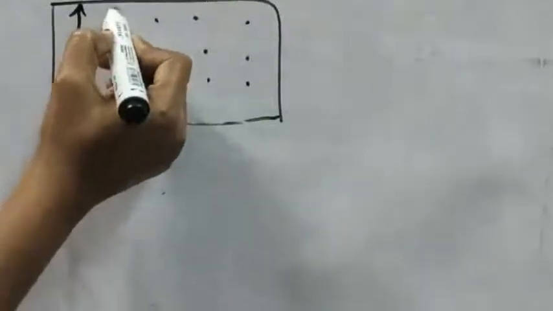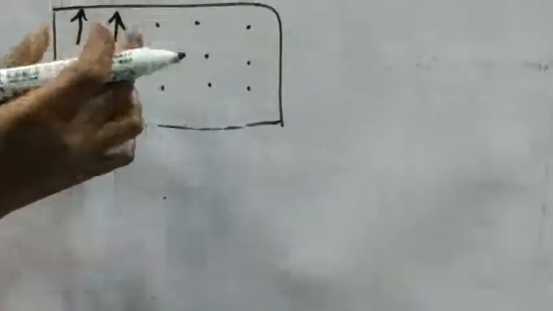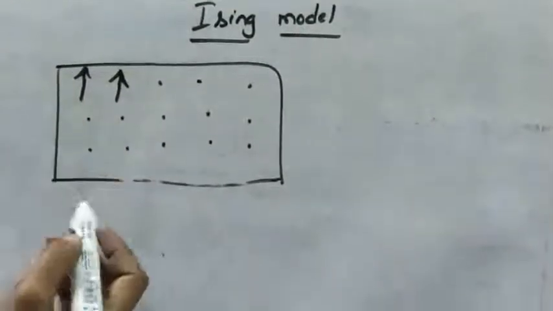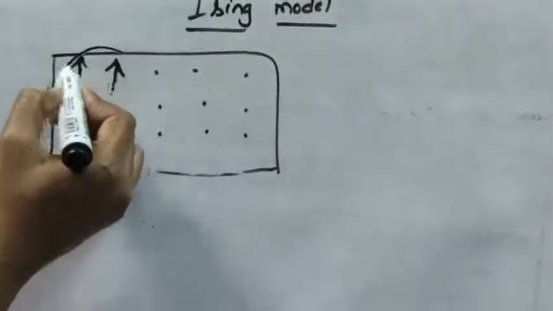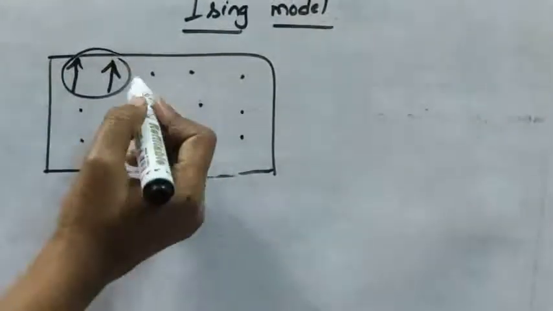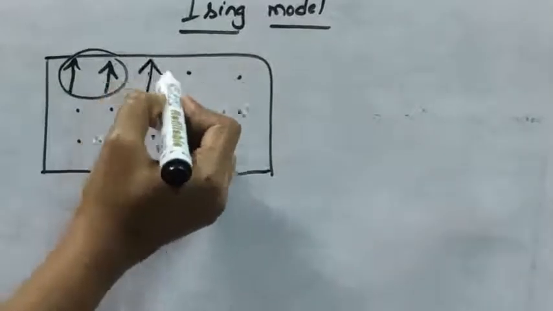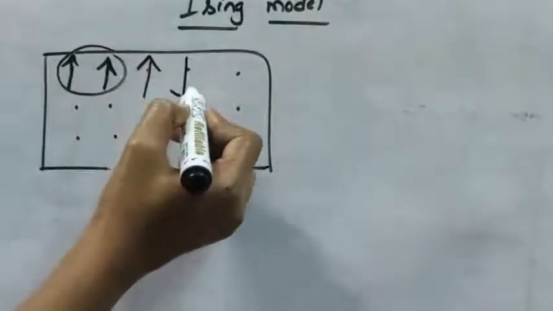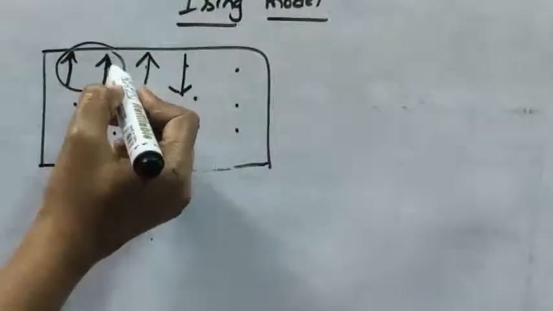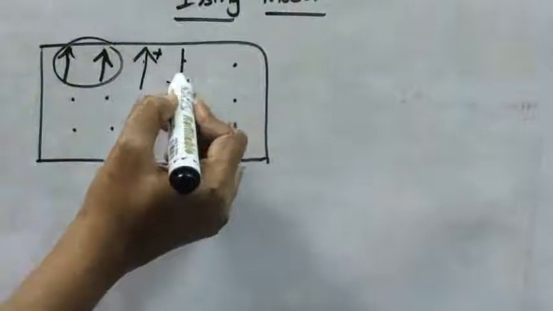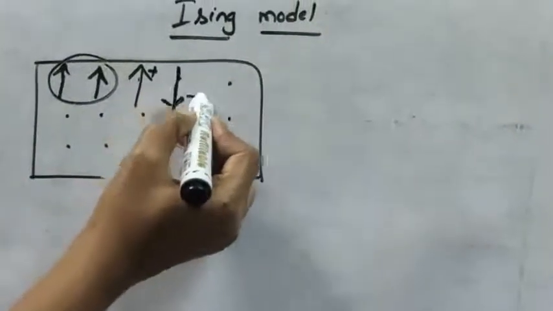For example, the first two molecules have upspin, so their energy will be added. Now the third molecule has upside spin and the fourth molecule has downside spin, so the spin of this is plus 1 and of this molecule is minus 1.